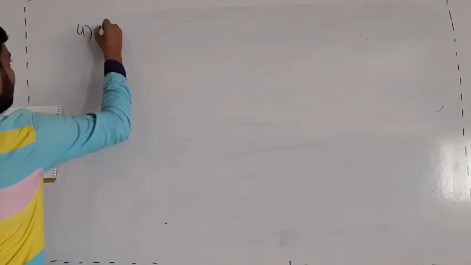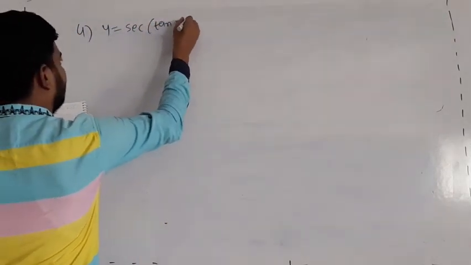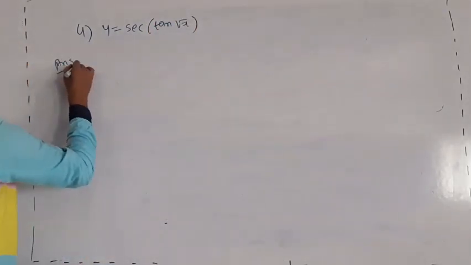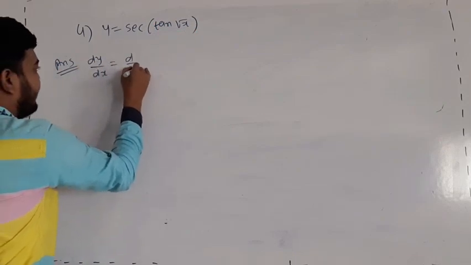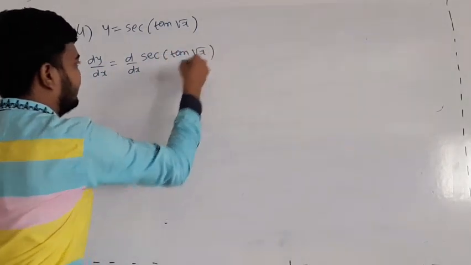So the fourth one is y is equal to sec of tan of root x. Okay, and find dy by dx. So dy by dx is equal to d by dx of sec of tan of root x.